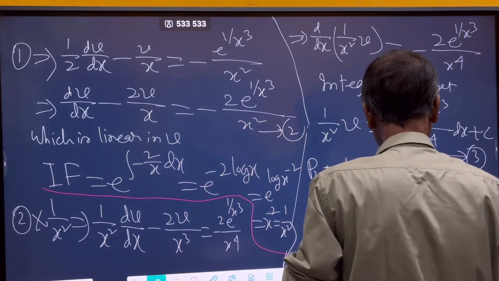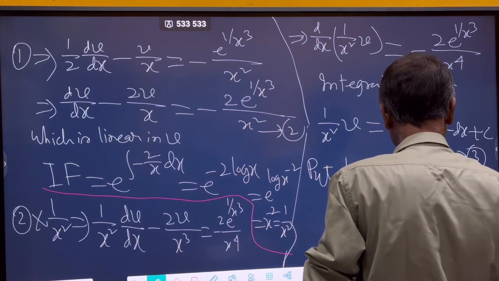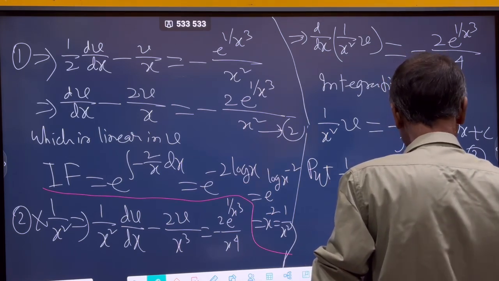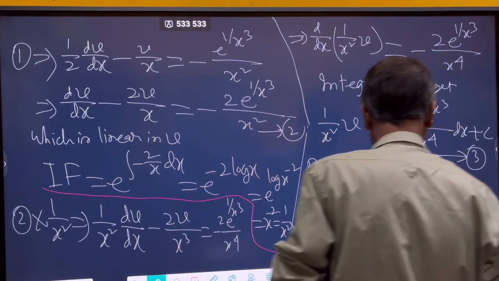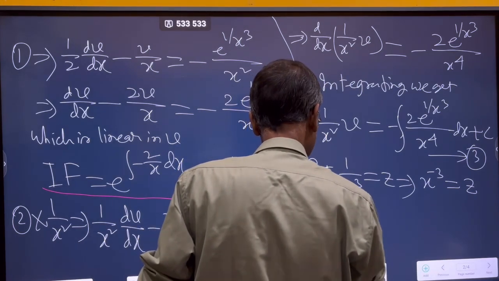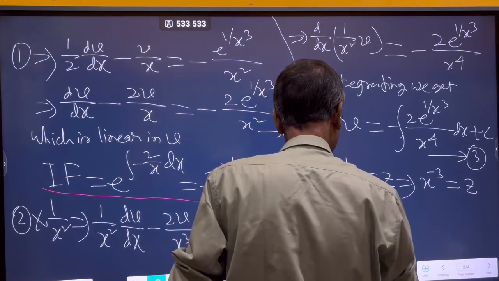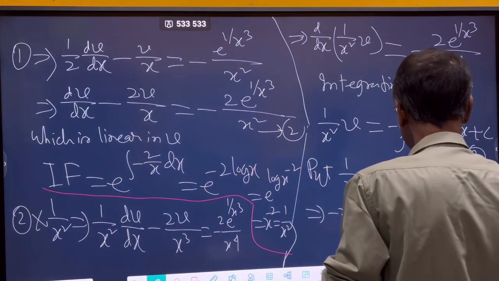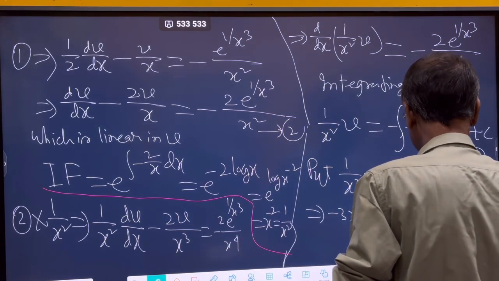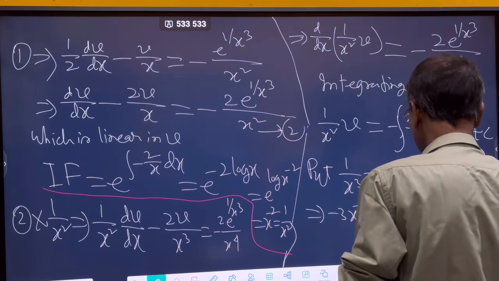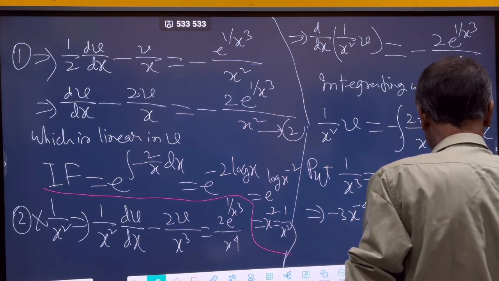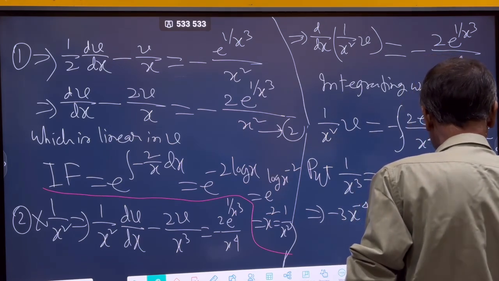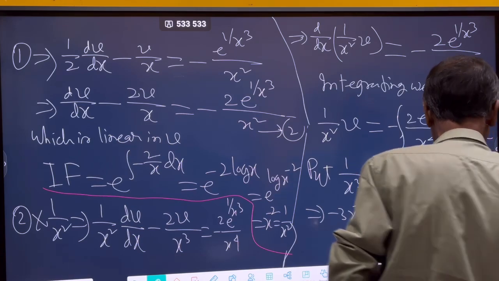This means x to the power minus 3 equal to z. This means minus 3 x to the power minus 4 dx equal to dz. This means x to the power minus 4 dx equal to minus 1 by 3 dz.